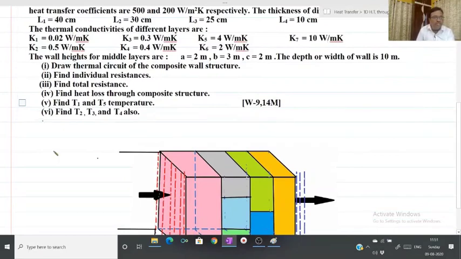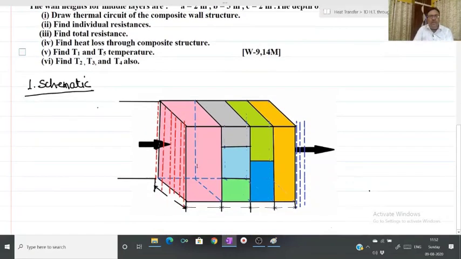So first let us draw the schematic of this problem. I have already drawn the 3D view of the composite wall shown in the problem.